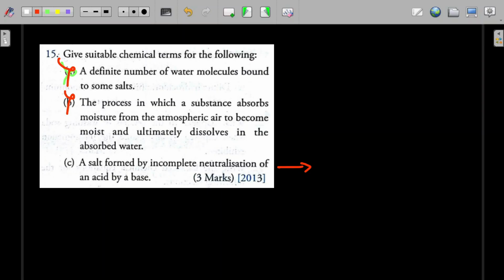Sir, incomplete neutralization of an acid by a base. Not sure? Okay, I will give you options: acidic salt, normal salt, basic salt. Then acidic, because it still has hydrogen. Right. Okay, acid salt or acidic salt.